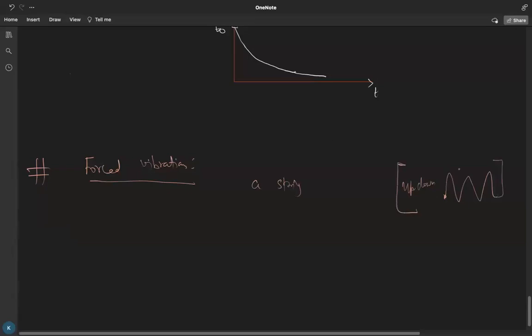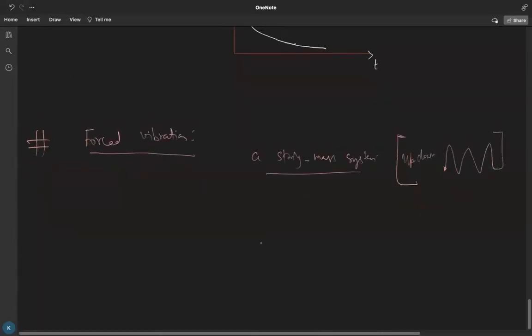You can consider it with this too, but let's talk with the spring mass system. Let us suppose this is our spring with mass, and this is our mean position.